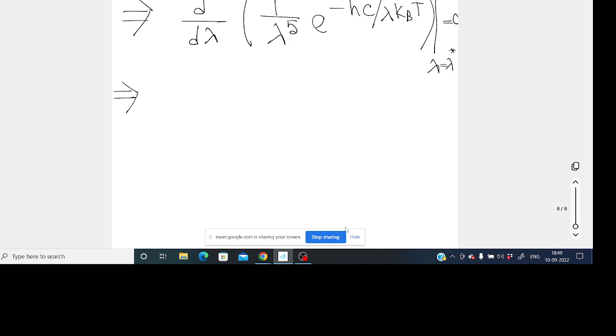So now we have to differentiate it. If you differentiate the first term, then you will get this thing.